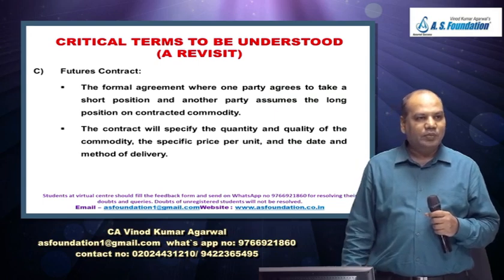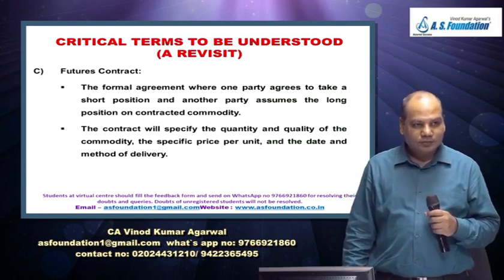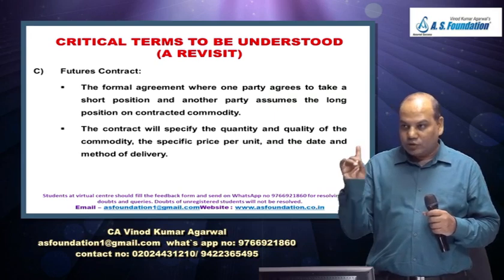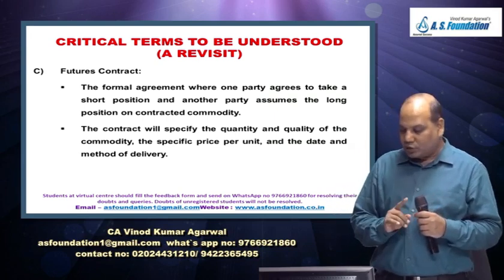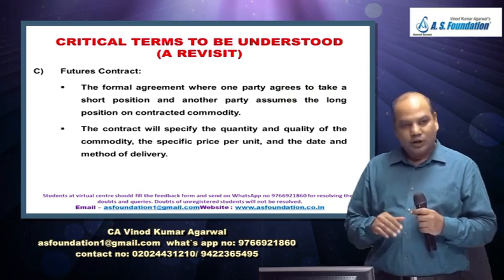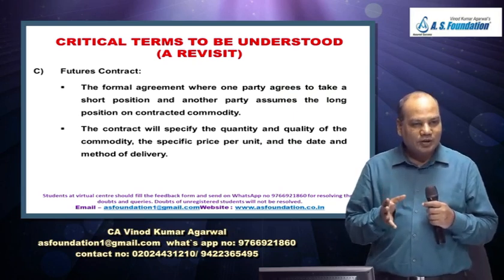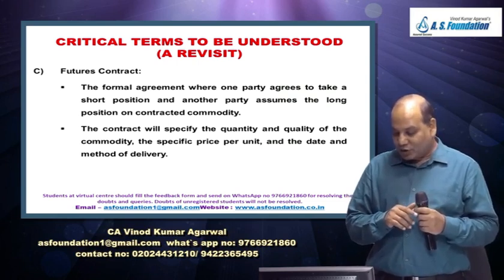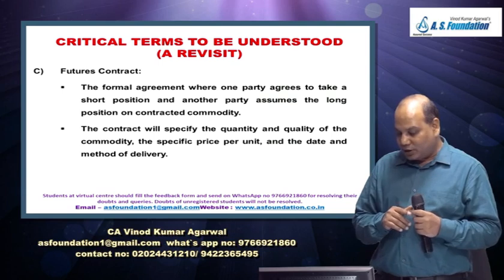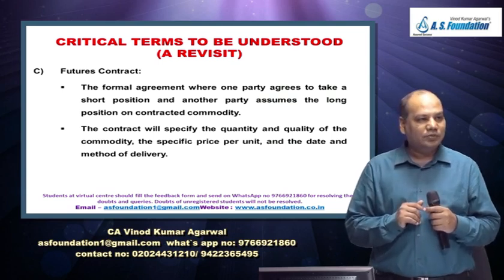That means it is an agreement to buy or sell through an organized and recognized exchange. The contract will specify the quantity, and in case of commodity the quality also, the specific price per unit, and the date and the method of delivery.